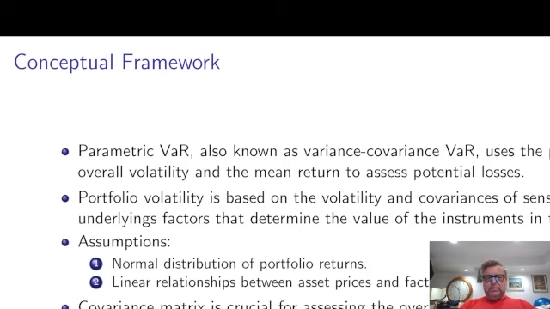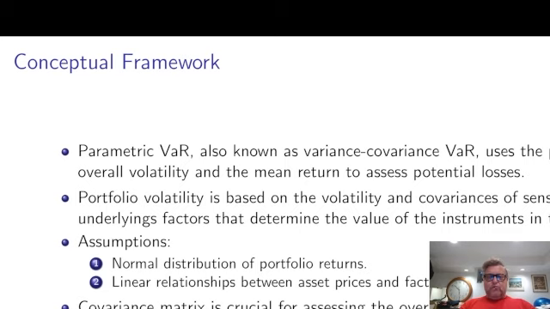Sometimes we take the volatility into account in the first order and second order, but let's just ignore this. So the linear relationship, because the volatility is only based on the sensitivity, which is the first order, means there's a linear relationship of the asset prices and the factors.